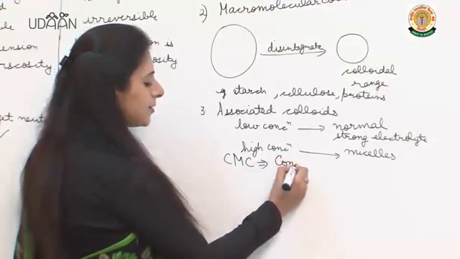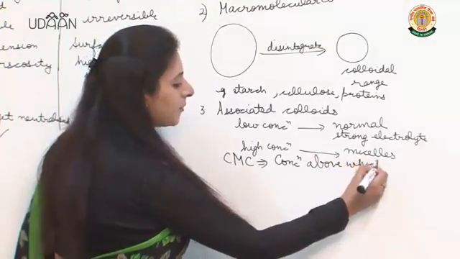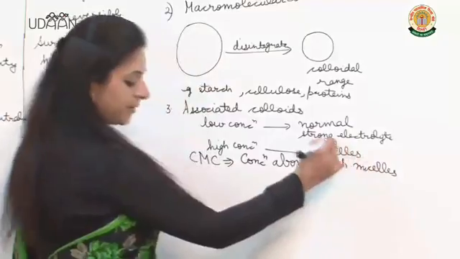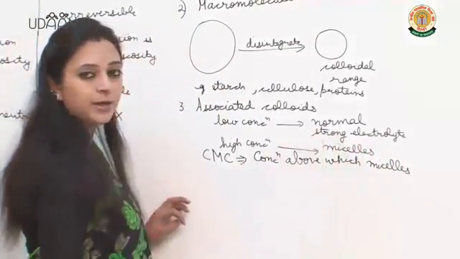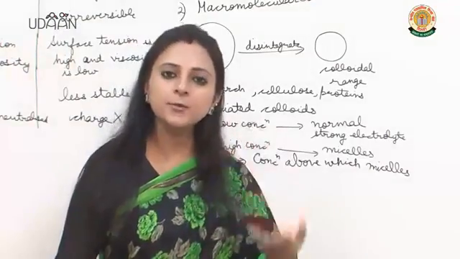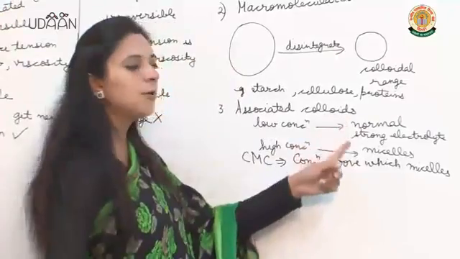The concentration above which micelles are formed, because I told you that at low concentration they will behave like normal strong electrolyte. So there has to be a particular concentration after which it will behave like a micelle, because before that it is behaving like a normal electrolyte.